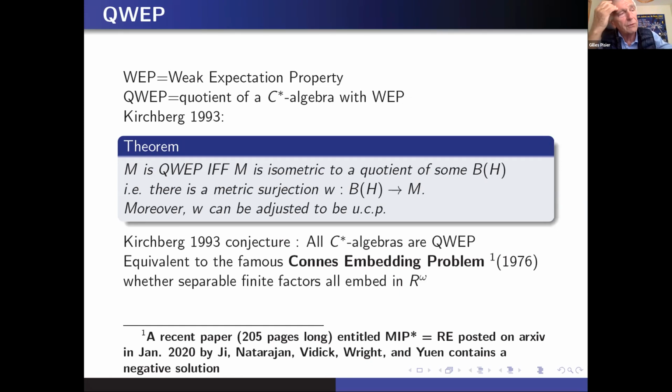And that's for finite von Neumann algebras. The advantage of the Kirchberg formulation is that it deals instantly with all C-star algebras, regardless of trace finiteness or not.